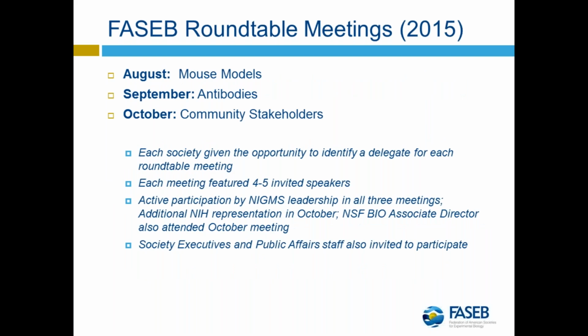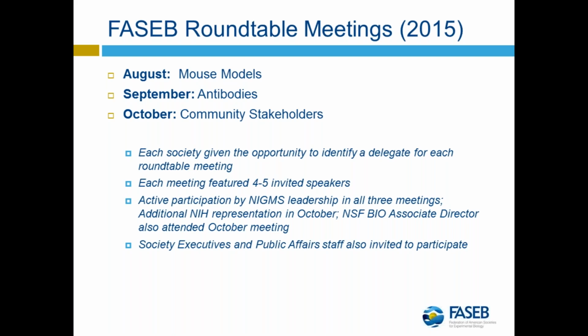Going back to 2015, we had our Science Policy Symposium on May 31st. There was a lot of energy around the discussion we had there, and I was given the green light to continue additional activities around this area. We had the policy from NIH at that time, so we pursued a strategy where we held three roundtable meetings later in the summer, in August, September, and October.